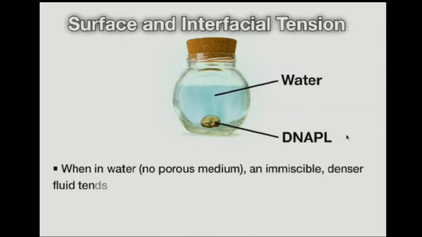When in water, an immiscible, denser fluid tends to a stable form again, spherical. See, we don't have porous media here. We only have two liquids, the decane and the water.